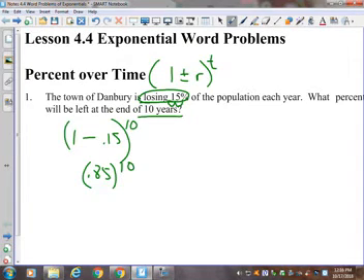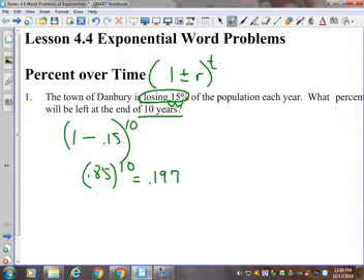So 0.85 to the 10th power is going to tell me what population percentage-wise am I going to have left. Now, what does that come out to be? Does it round up to 6, 7? Okay.